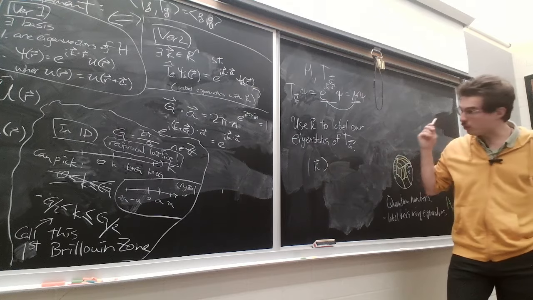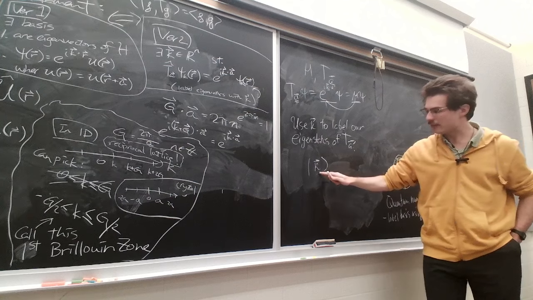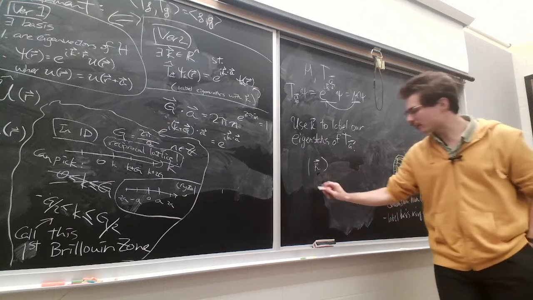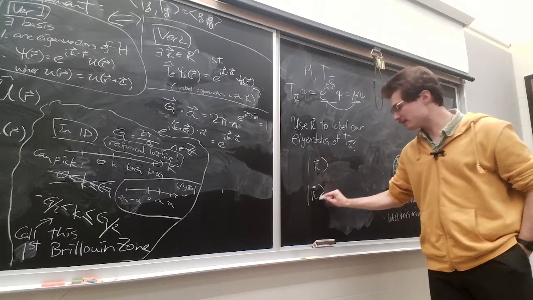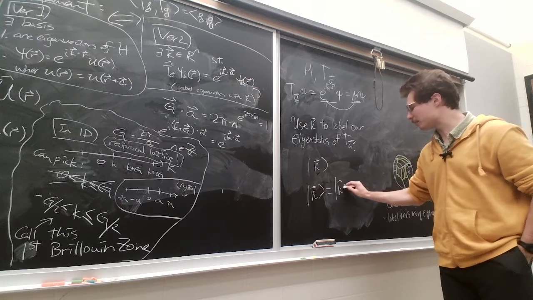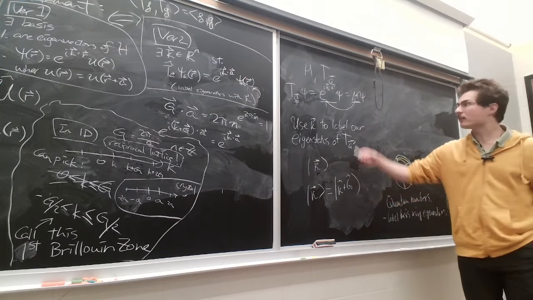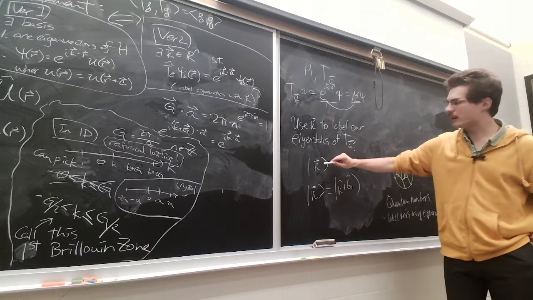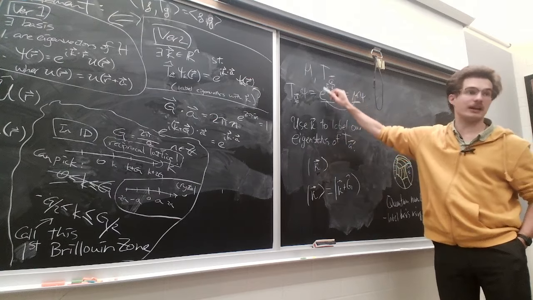But the point that we find out is actually that these k have this weird thing that the eigenstate for k will be the same as the eigenstate for k plus some vector g. Right? And this is because I'm using k to label the eigenstate associated with this eigenvalue.